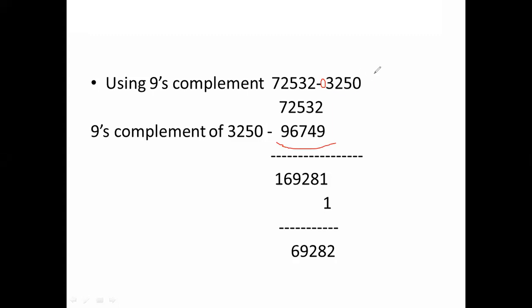How to calculate the nines complement? 5 digits are there, so here we take 5 nines.